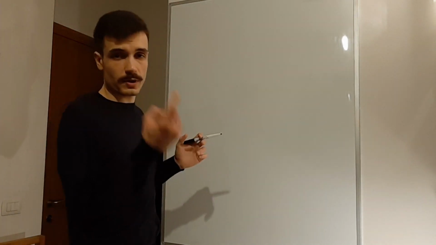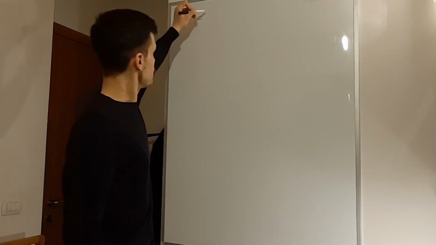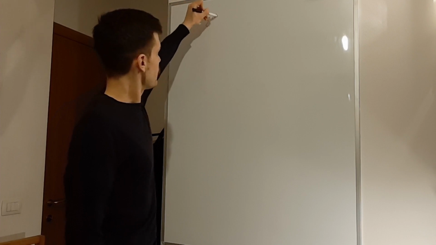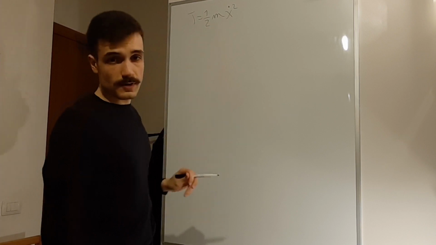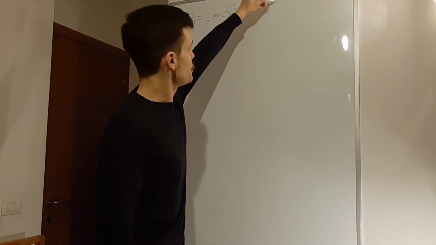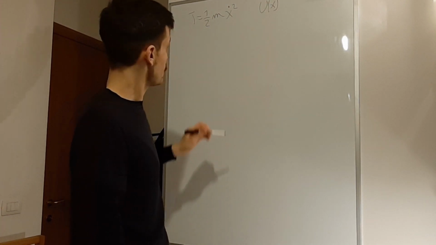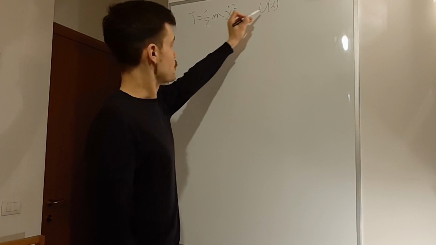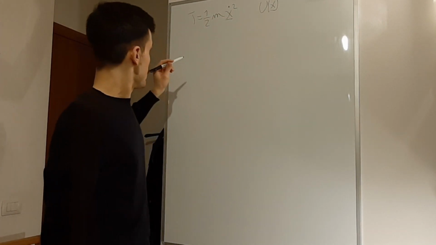So we're working in one dimension to make things faster. In one dimension, kinetic energy will be 1/2 m x dot squared, where x dot is the velocity along x, the one dimension we are using. And the potential energy will be simply some kind of function of x. Of course, x is actually a vector, but I will probably forget about the vector notation.